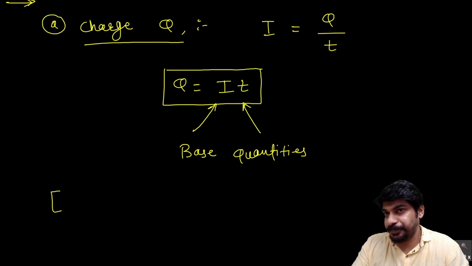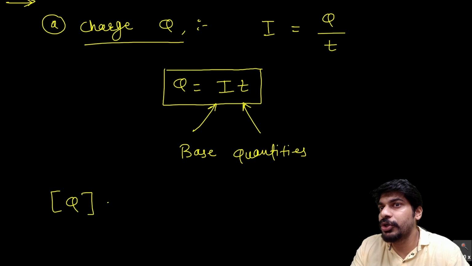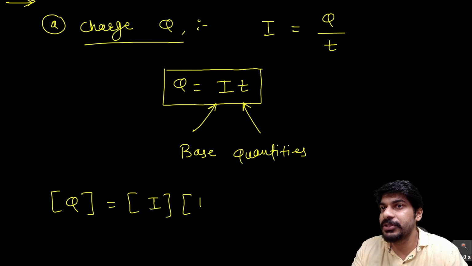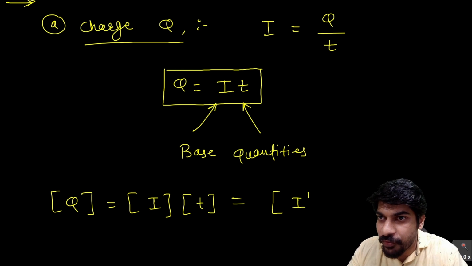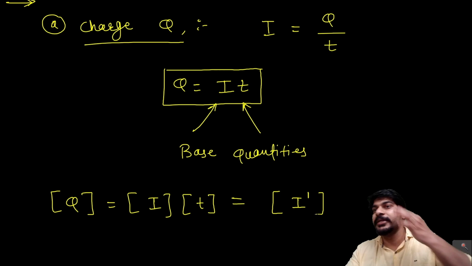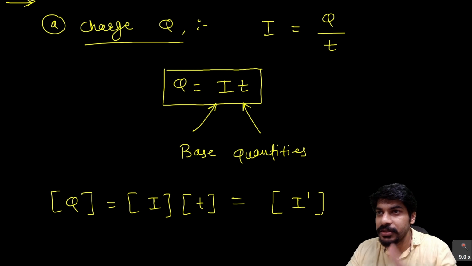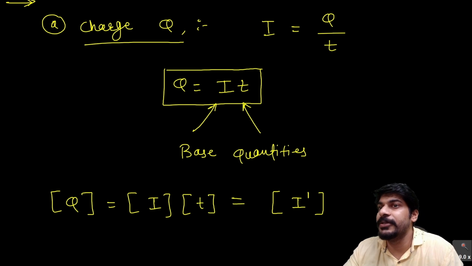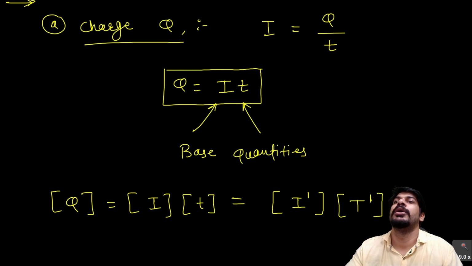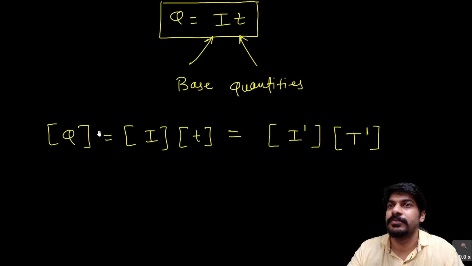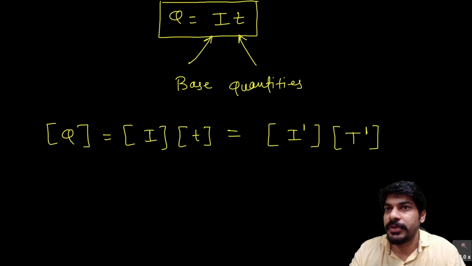So the dimensional formula for Q is equal to the dimensional formula for I times the dimensional formula for time. The dimensional formula for I will be written as I¹, that means electric current has dimension 1 in current. Simply, it's a base quantity. Then time is T¹. That's it.